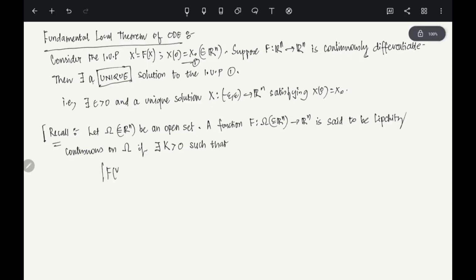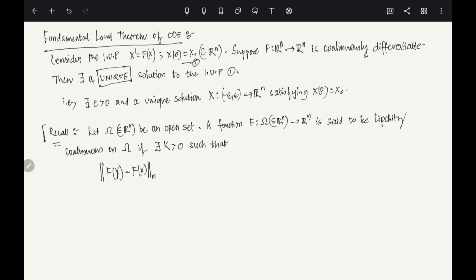f of y minus f of x. So please understand this, f of x and f of y. F is an Rn to Rn function, right? It's a vector field. So whenever I am saying f of x minus f of y, this element is in Rn, this element is in Rn. So I am taking the difference of two vectors and I am taking the norm of that. So this norm, think of it as a norm in Rn.